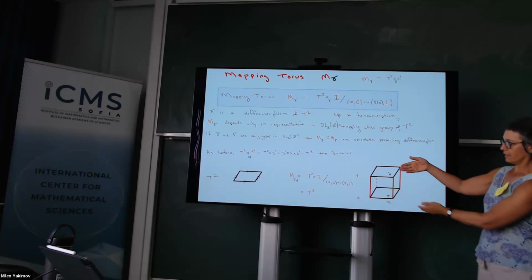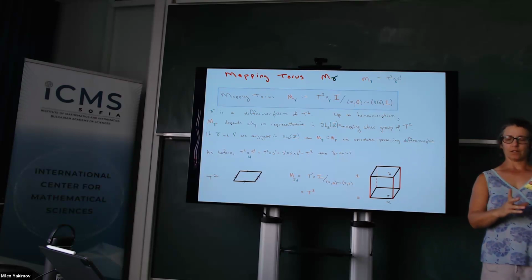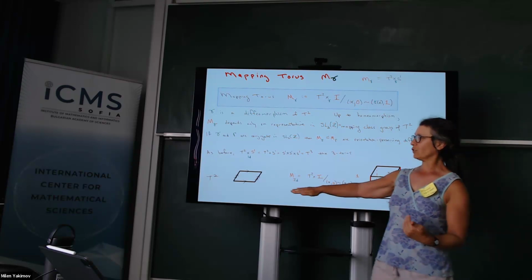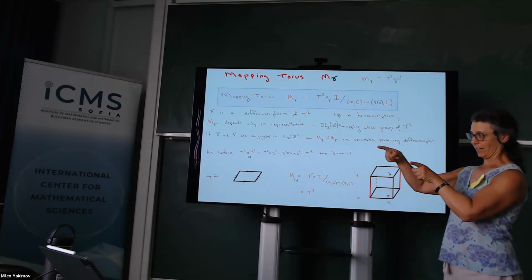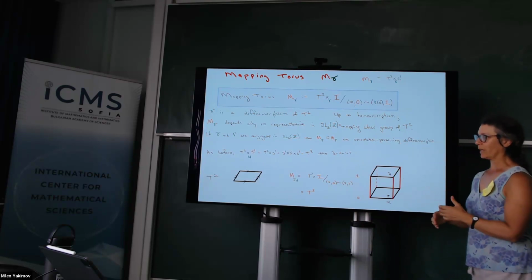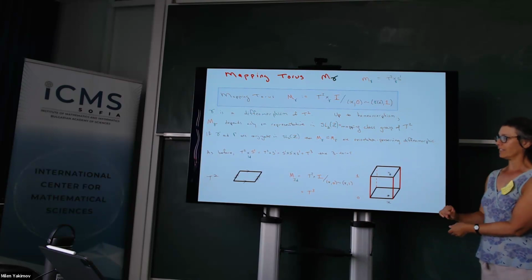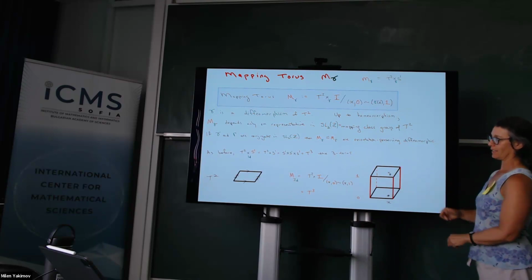If it's just the identity, again, my drawing skills are not great, plus I'm not sure how good your topology is. So if we draw our two torus as a rectangle with these sides identified and those sides identified, then the easiest way to draw torus cross I is just as a cube. But of course, these sides are identified, these sides are identified. If I'm crossing with a circle, then these are also identified.